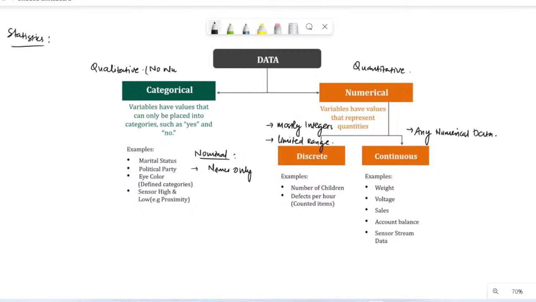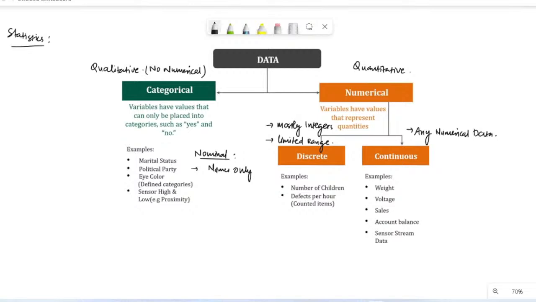It will be only about the string type of data. Like nominal, names only. Color of hair, marital status, gender, these are all names. Eye colors, city names, person name. So wherever names are involved, they will be considered as a nominal data set.